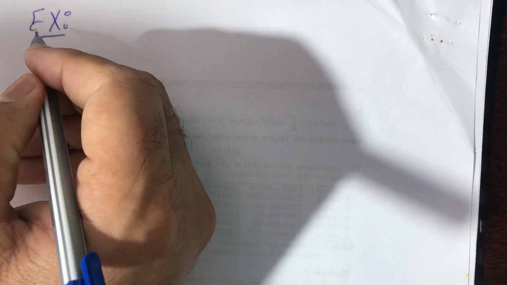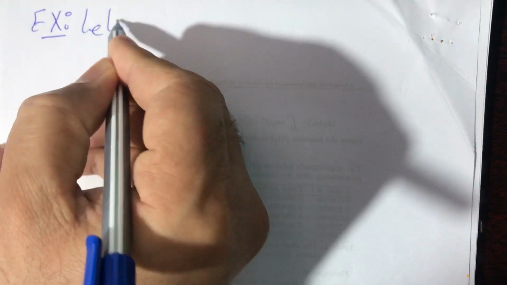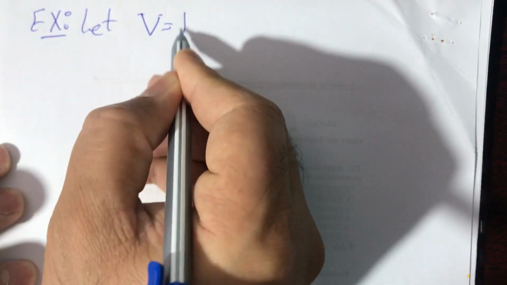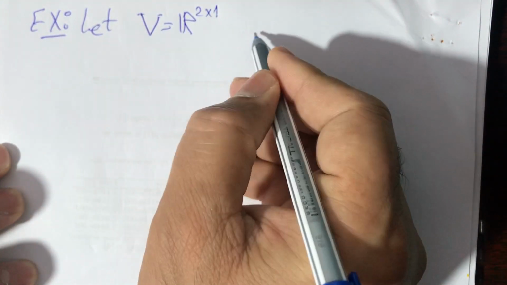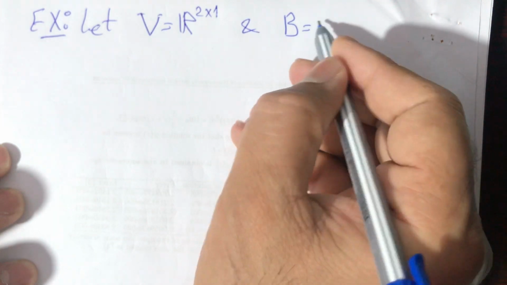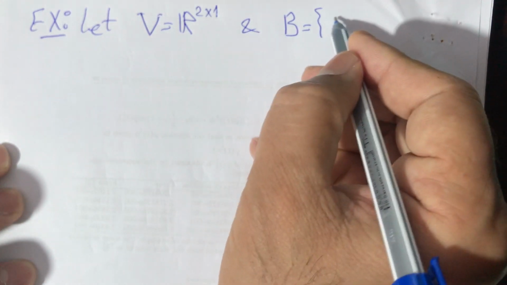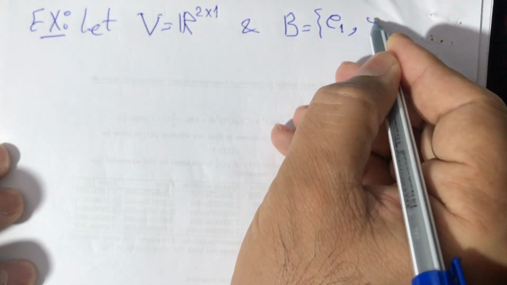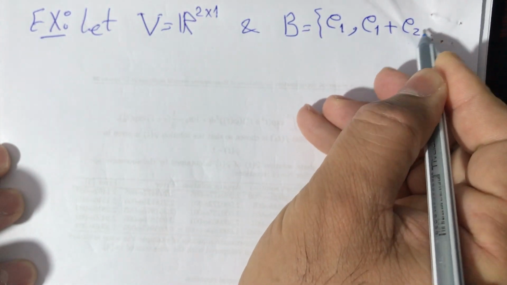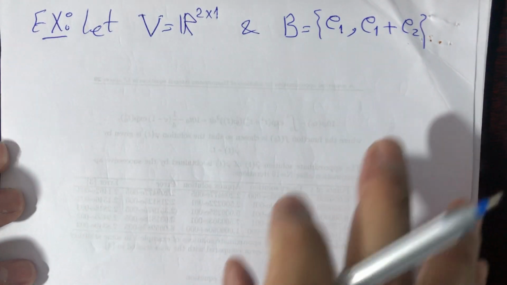Now we take another example. Let V be equal to R2 times 1, and B be equal to E1, comma, E1 plus E2. Here we take a different basis.